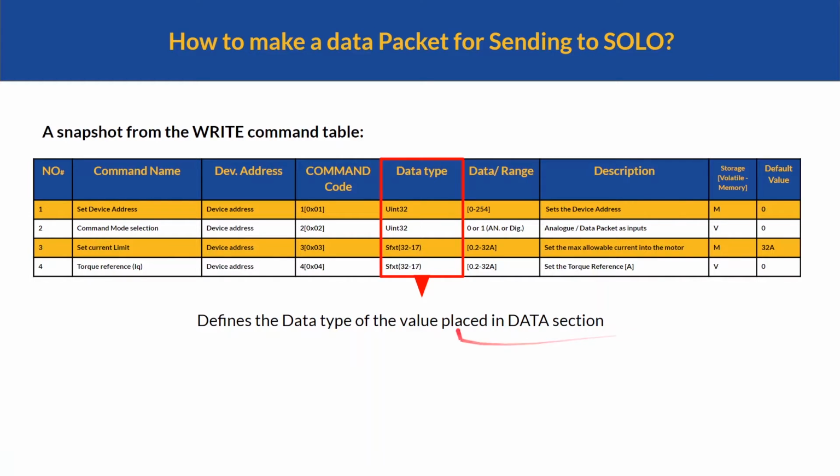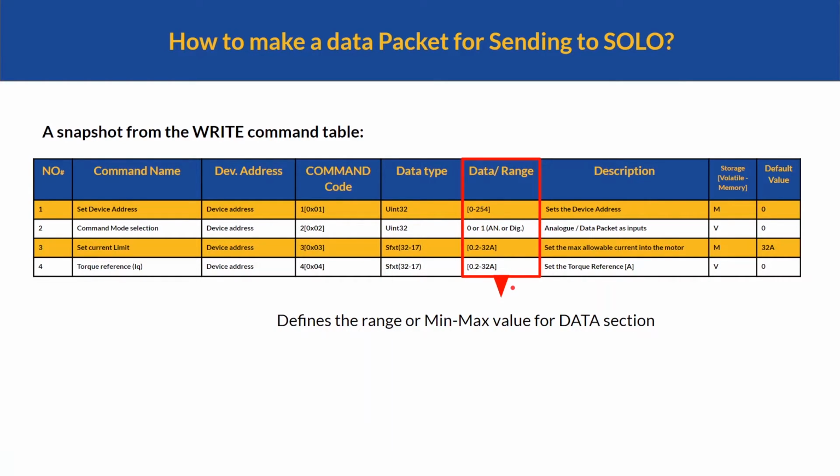And here you can see that the data type of the device address will be unsigned integer 32-bit, but the data type of the torque reference IQ here, as an example, is fixed point 32.17.